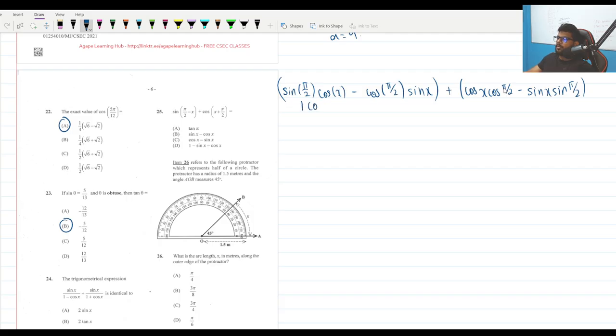So this is 1 cosine x minus 0, plus cosine of pi on 2 is 0, and sine of pi on 2 is 1. Sine x by 1, so we get cosine x plus negative sine x, which is cosine x minus sine x. C.